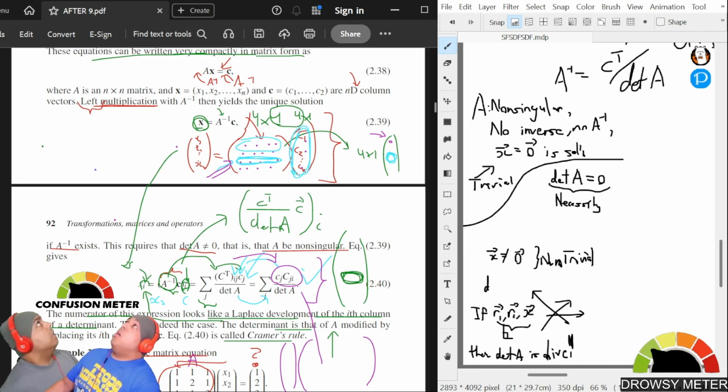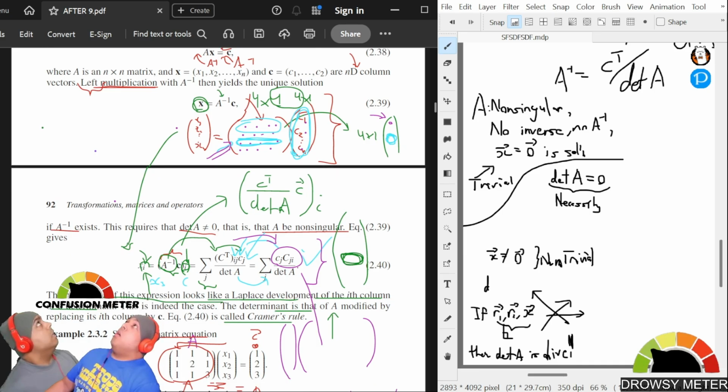This requires that the determinant of A is not equal to 0, that is, that A be non-singular, and it gives xi equal to this. The numerator of this expression looks like a Laplace development of the ith column of a determinant. So the Laplace development is just this multiplied by this determinant.